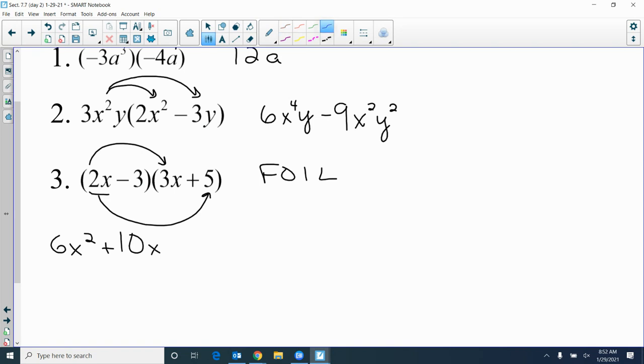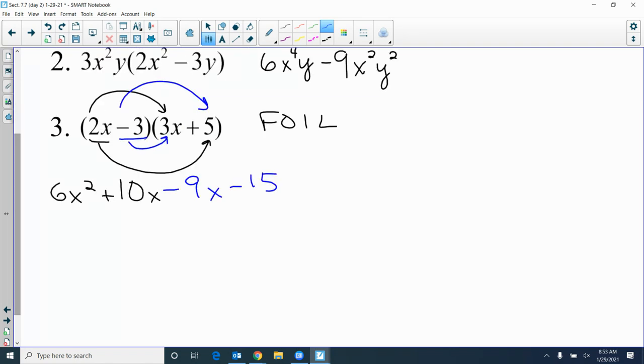Then negative 3 times 3x is negative 9x. And now negative 3 times 5 is negative 15. We need to see that. Once we get this, the 2 middle terms add up to 1x, which you can just write as x. So that's going to be 6x squared plus x minus 15.